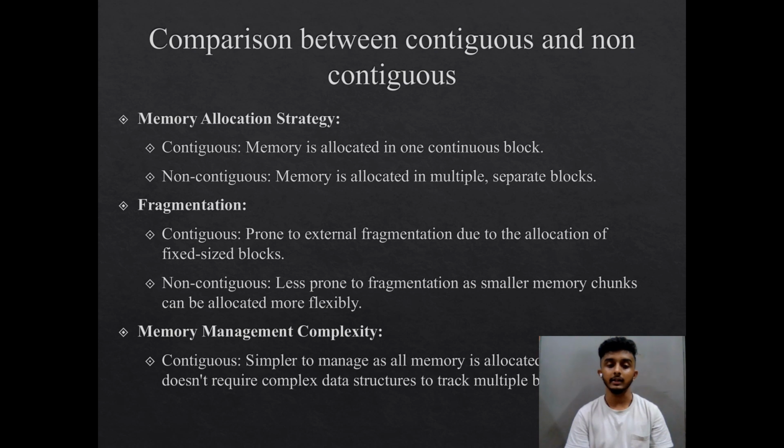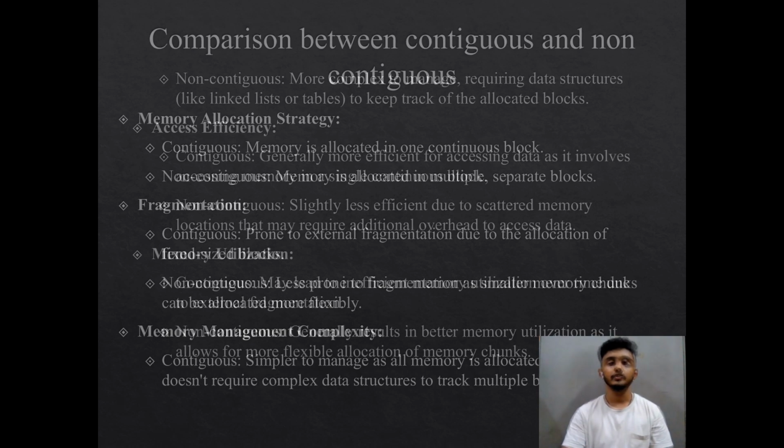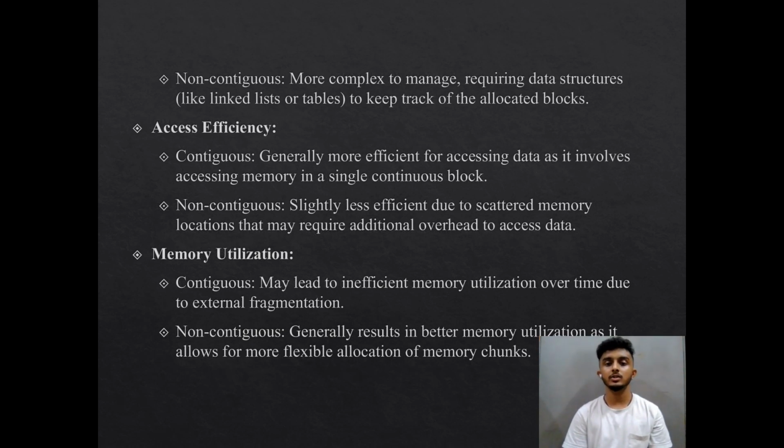Memory management complexity. Contiguous: simple to manage as all memory is allocated at once and does not require complex data structures to track multiple blocks. Non-contiguous: more complex to manage, requiring data structures to keep track of allocated blocks. Access efficiency. Contiguous: generally more efficient for accessing data as it involves accessing memory in a single continuous block.